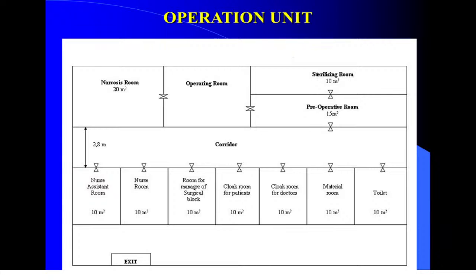Optimal place is a separate block. For example, in Simferopol we have such special construction where all operation units are in a separate big block connected with the main building by a bypass. Such construction is more optimal for prevention of nosocomial infections and for service of operational block. Such type of construction is more convenient.